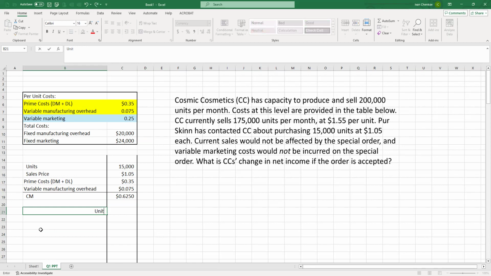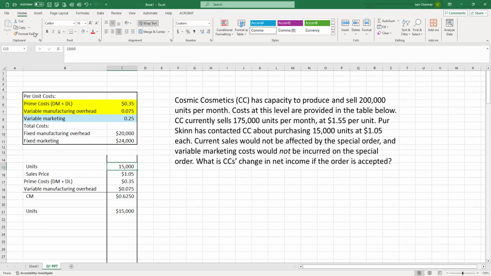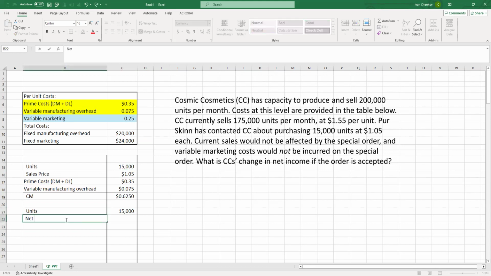So units is 15,000. So how much will be my total effect? Net income increase. How much will that be? 9,375. Do we have that as an answer?